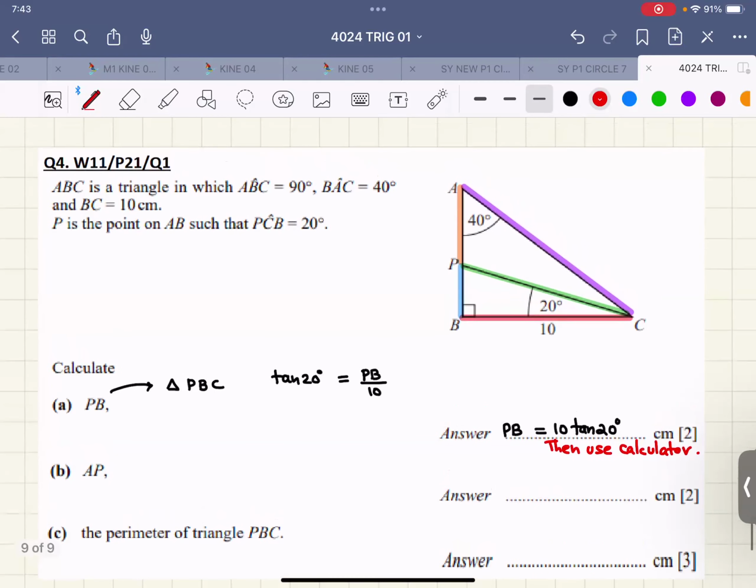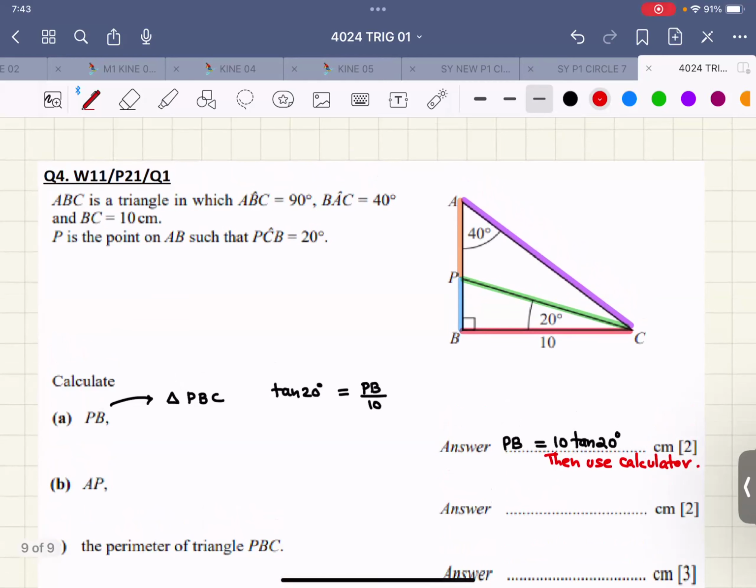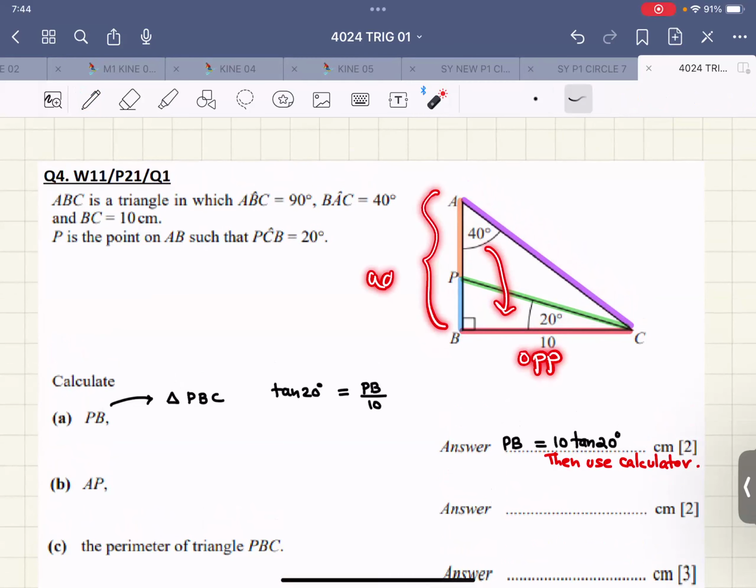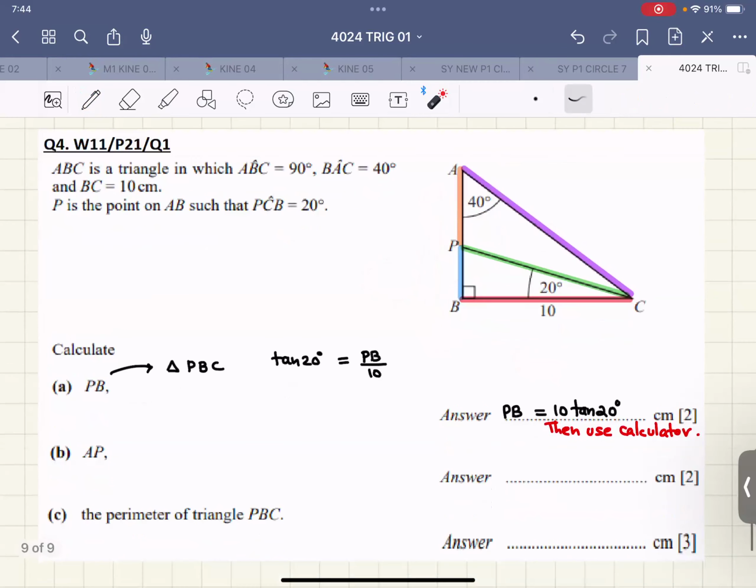What about AP? In order to find AP, I cannot find it indirectly. I have to find this whole thing. So for this big triangle, with respect to 40, this is the opposite side and this whole thing is the adjacent. So again, a tangent.